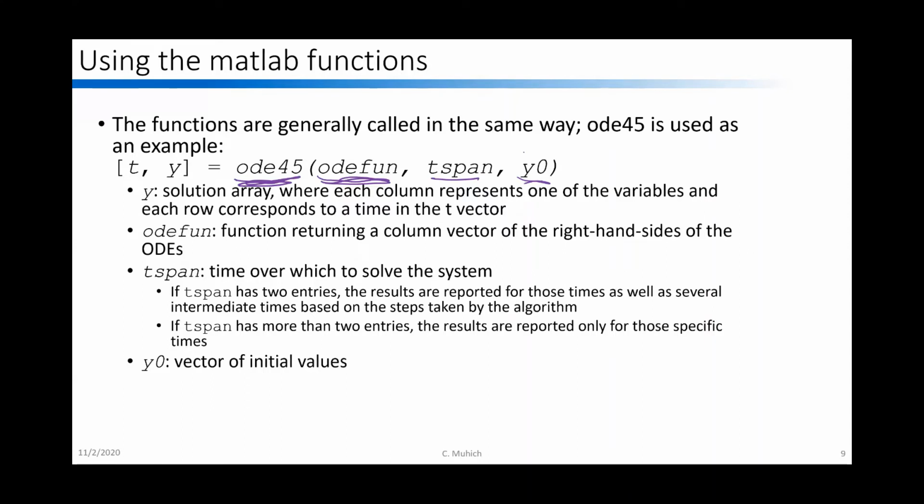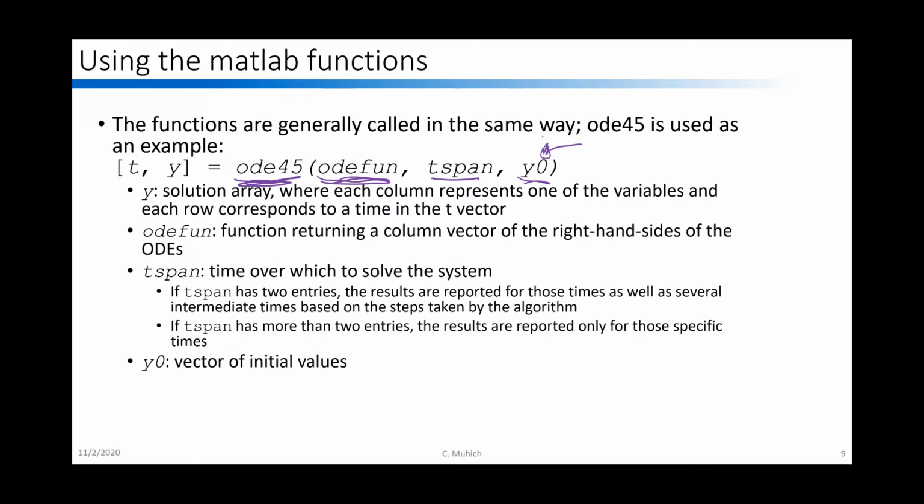ODE45 is going to be able to handle just one equation, so just one ordinary differential equation, or simultaneous ODEs. So that means that y0, if it's only one function, is just one number. If there's multiple functions that you're solving simultaneously, we need to have multiple starting values.